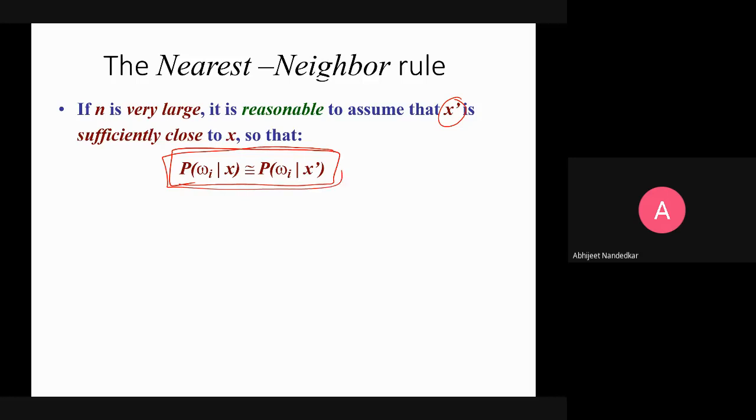That means if samples are very large and this x is given to us for testing, then you will find that this x dash, the prototype, will be very close to this x. So you can easily assume that the label of this is the label of x. To have better performance of nearest neighbor, you must have a large n, that is, number of samples.